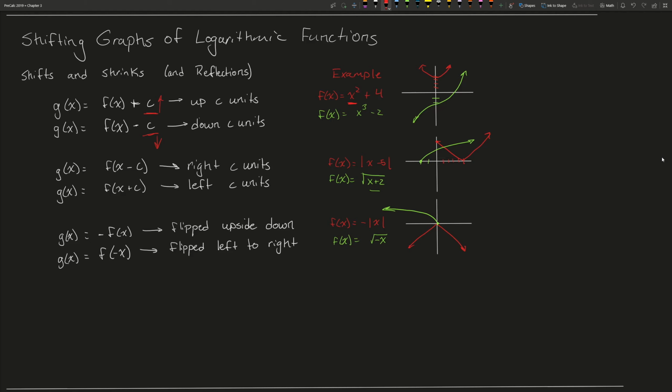When we are subtracting from the input, we're going to go right, and when we are adding to the input, we move left. When we stick a negative out front and multiply the entire thing by negative, we flip it upside down. And when we add a negative to the input, we flip it left to right. And again, these are examples straight from our notes from the first chapter.